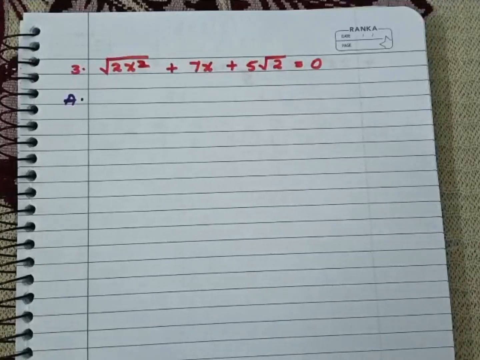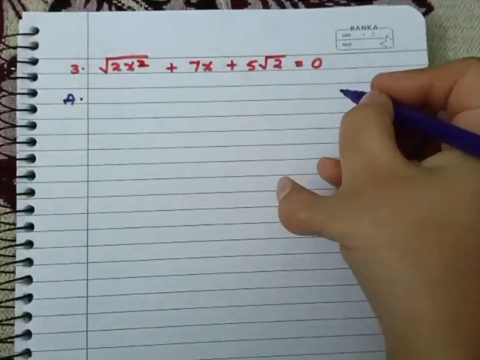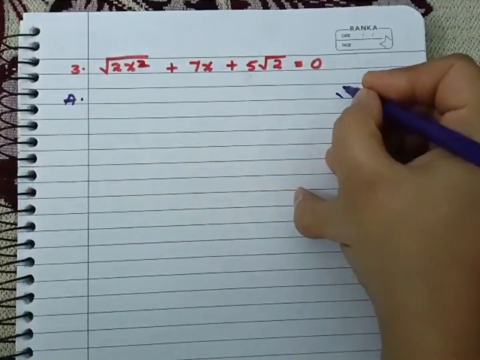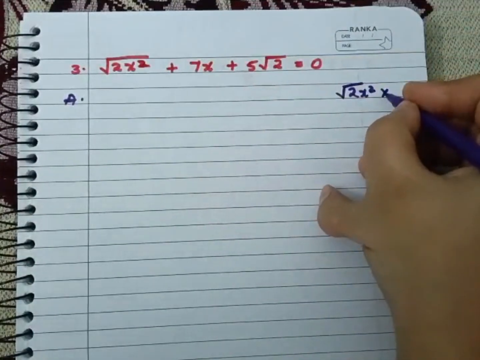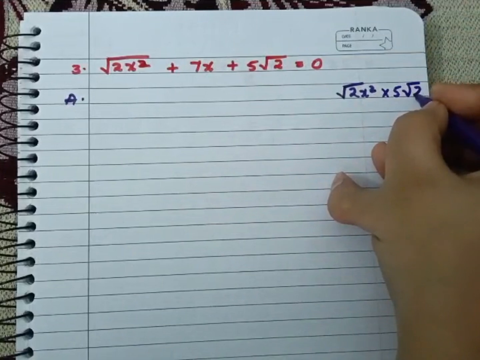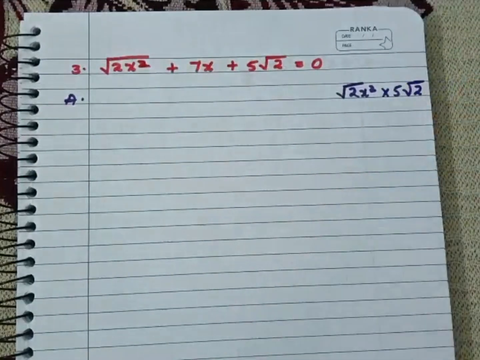So the third sum is root 2 x square plus 7x plus 5 root 2 equal to 0. So how we are going to do it here is, I'm going to take root 2 x square into 5 root 2. This is how we are going to get a digit there by multiplying.